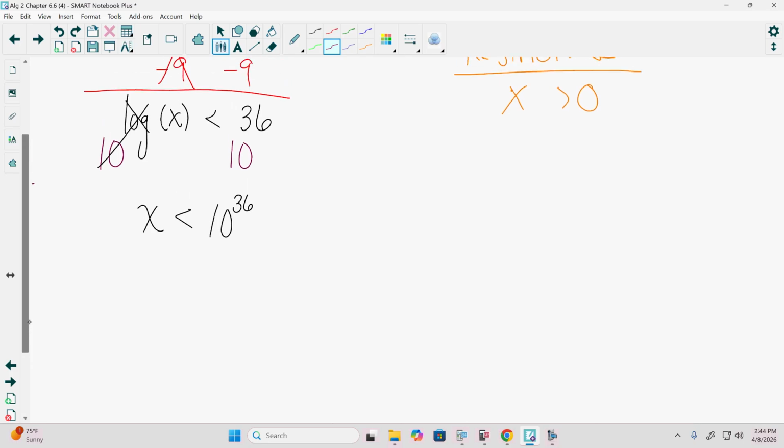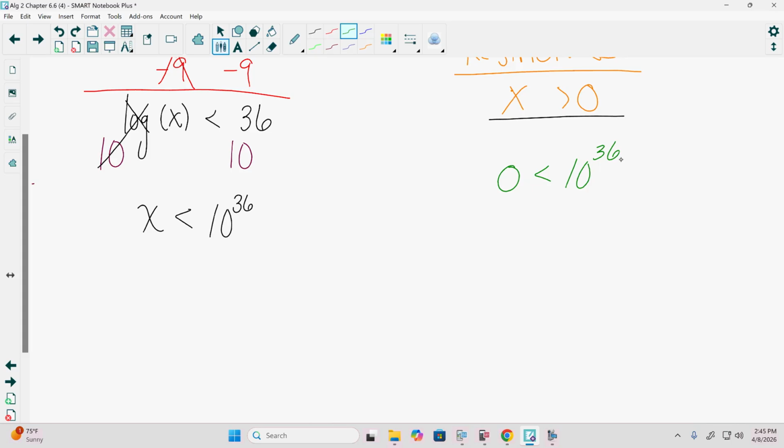Again, our variable started out inside of a log, yes? So what's inside that logarithm cannot be 0 or negative. It has to satisfy this here, yes? Again, the easiest way, or I think a nice way to check, is I just plug 0 in for x. I plug in one of my restriction values.